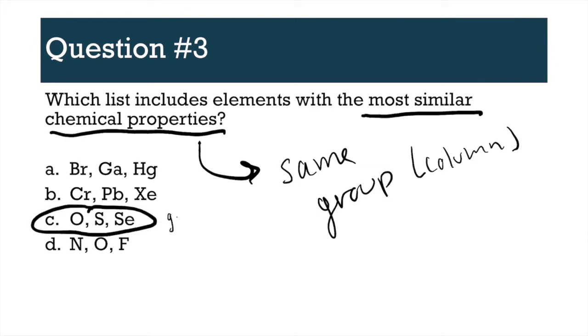All of these are in group 16. Everything in the same group reacts similarly, they have similar chemical properties because they have the same number of valence electrons. Anything in group 16 has 6 valence electrons. They only want 2 more to fill in that full valence shell. So they'll do similar things to get those last 2. So same group, so same up and down column.